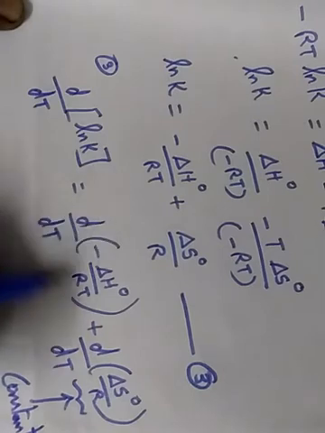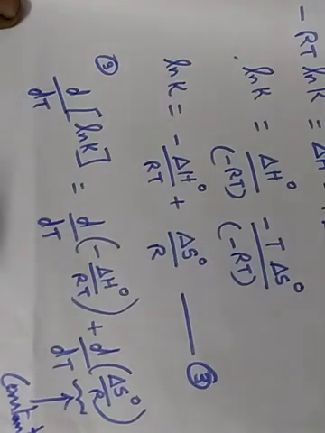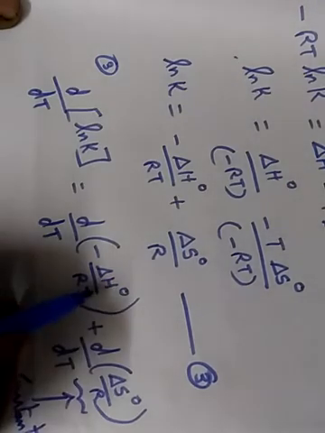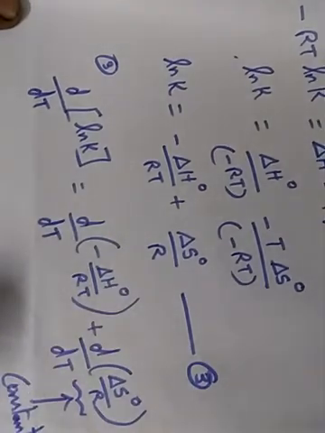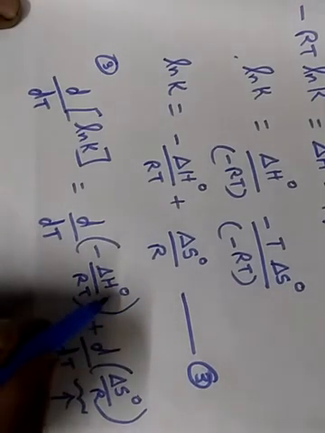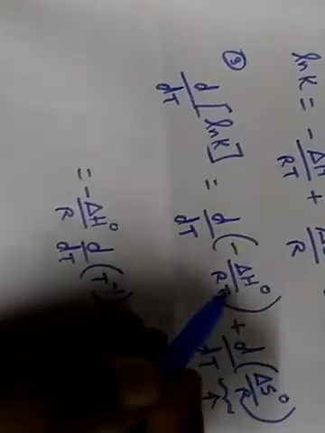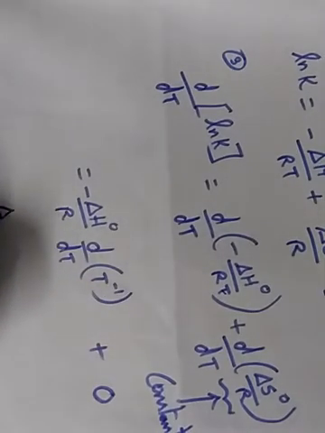Now we will move on to the first term where we have minus del H naught by R as the constant. You pull it outside: minus del H naught by R d by dT of 1 by T. 1 by T can be written as T power minus 1. Now we have to differentiate it.